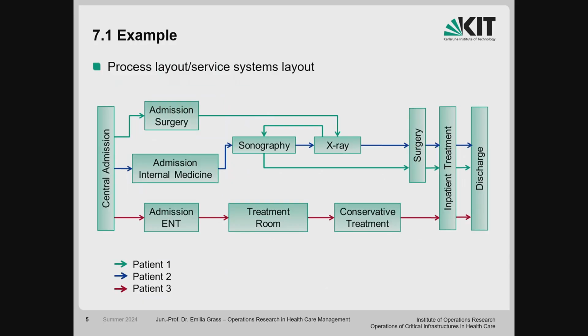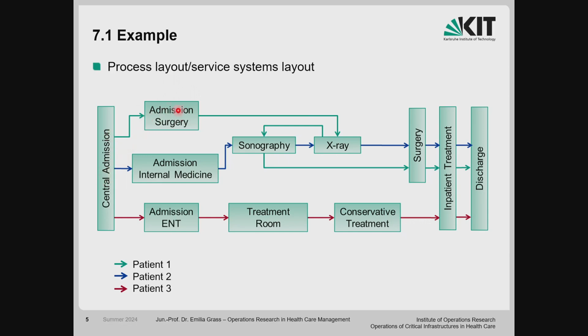Okay, so because in the hospital we have this process layout or service systems, we know that different patients go to different departments. So the departments themselves are fixed. They are somehow arranged in the hospital, but the patient has or could have different paths.